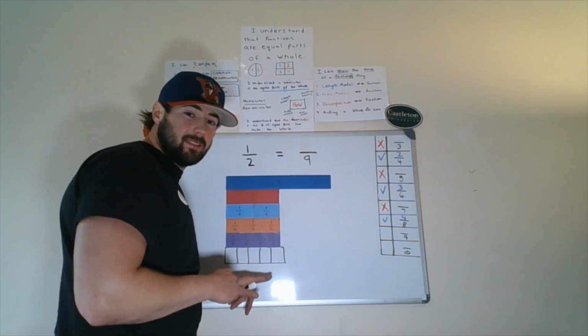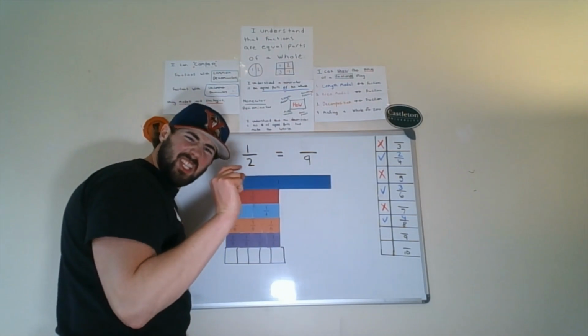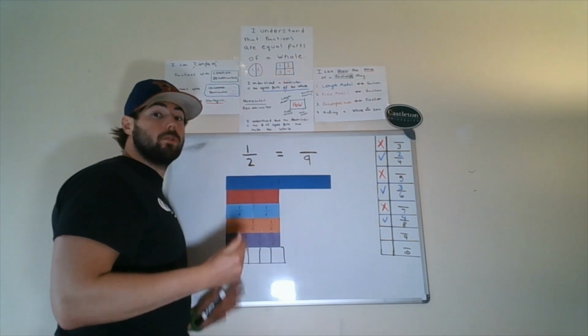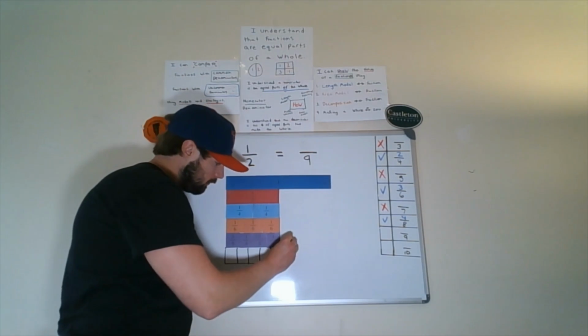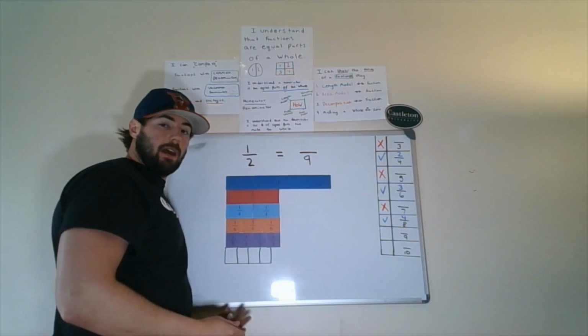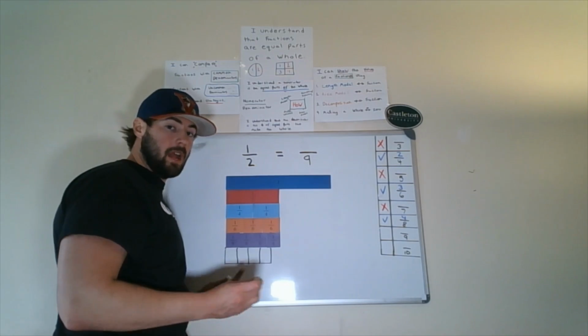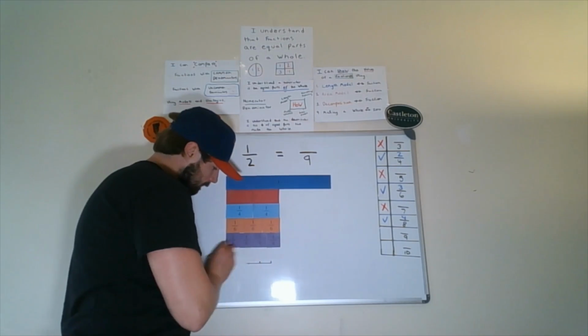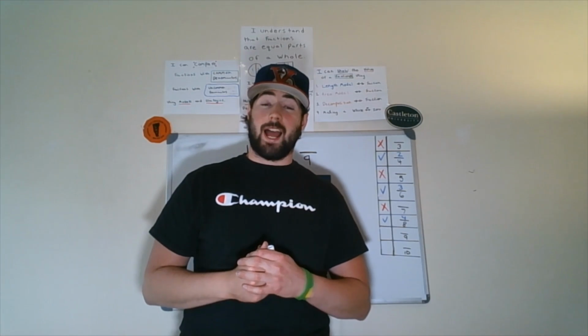You can barely tell that 5/9 is just a smidge greater than 1/2. So we get to 4/9, definitely less than 1/2. Ninths cannot be equivalent to 1/2.